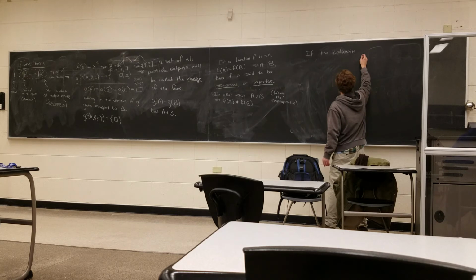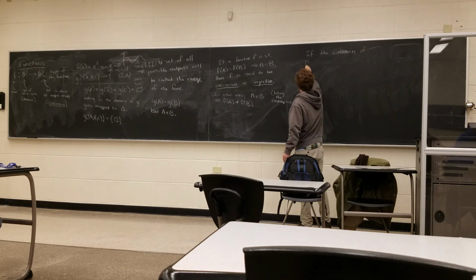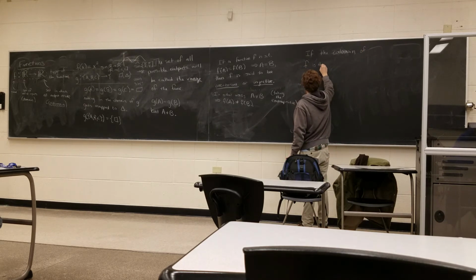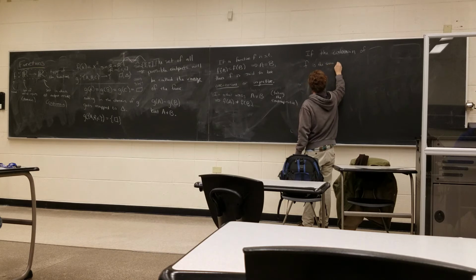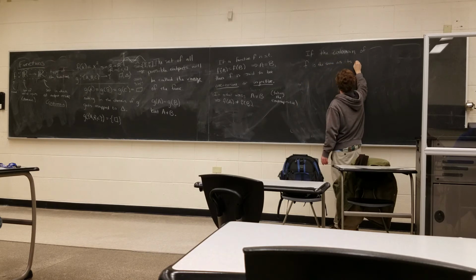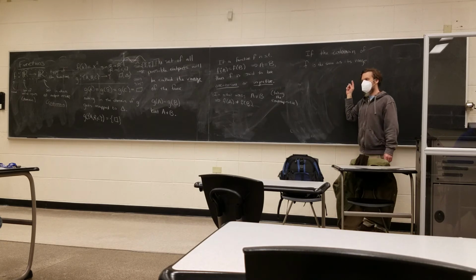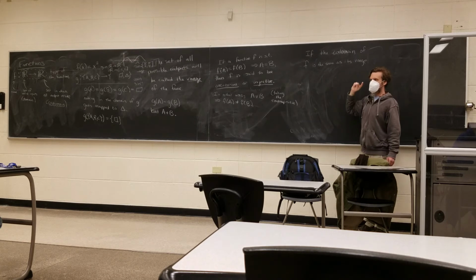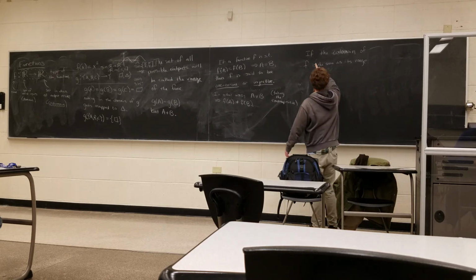If the codomain of F is the same as its range. Just take a second and think about what that means. What does it mean if the codomain and the range of the function aren't the same? The codomain of F is the same as its range.